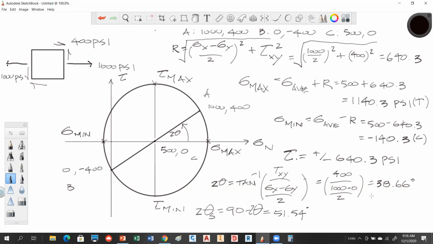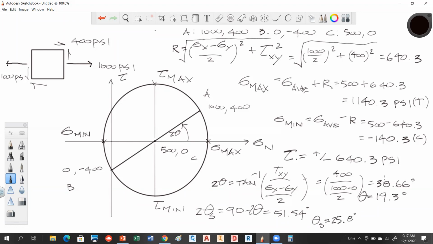So these angles actually turn out to be theta and theta s. They're going to be half. So this angle is actually 19.3 degrees. And this one is actually 25.8 degrees.